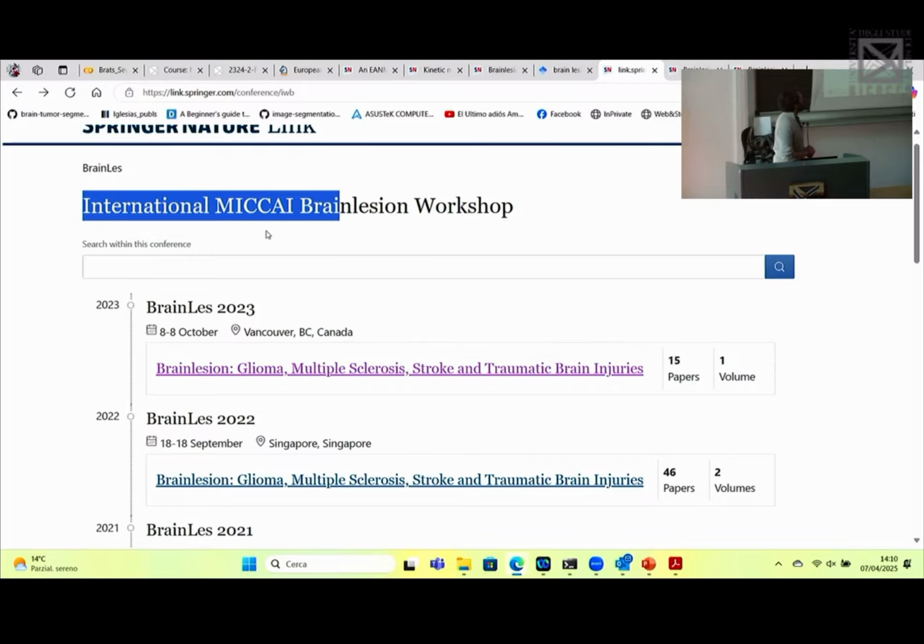And they have this workshop on lesion segmentation, so all their papers are mostly about how to recognize lesions in the brain. Glioma, well, they don't publish much on glioma nowadays because it's mostly a solved problem. But there is also multiple sclerosis, which is characterized by lots of very small white spots, stroke, and traumatic brain injuries.